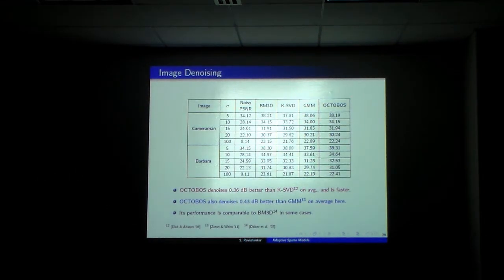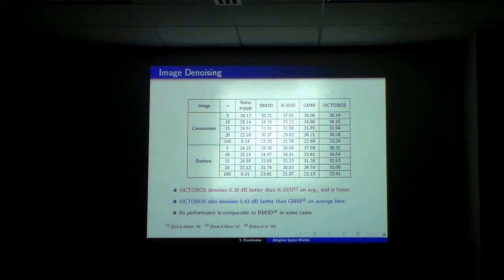Okay, so you could also do image denoising using octopus. So the same problem as the one I discussed before, but you use the octopus transform learning as a regularizer in the inverse problem, and you learn the octopus and denoise simultaneously.